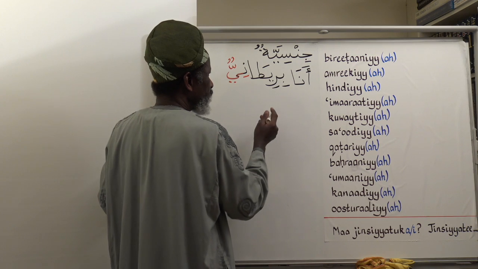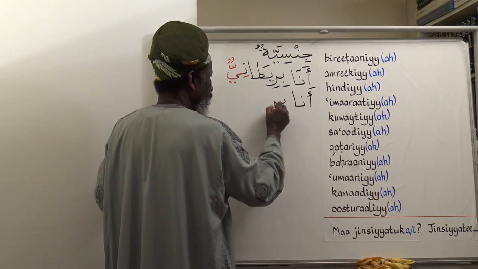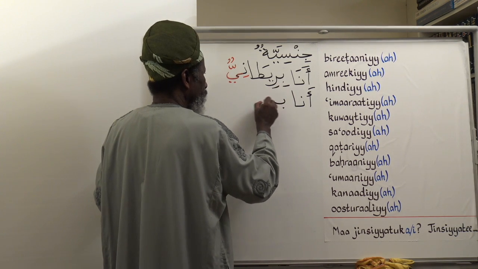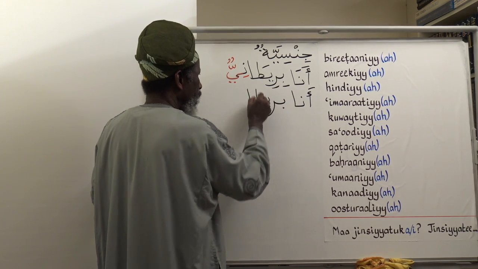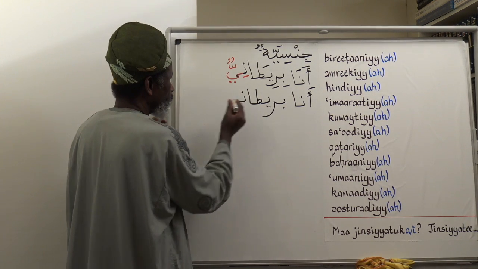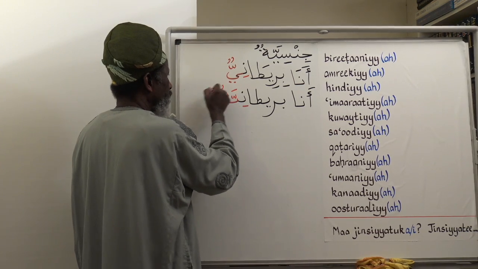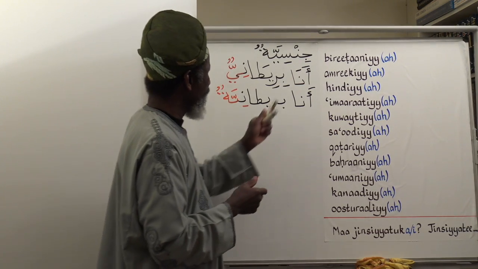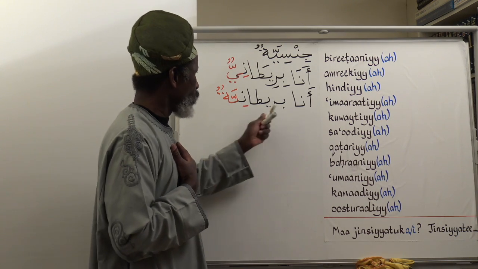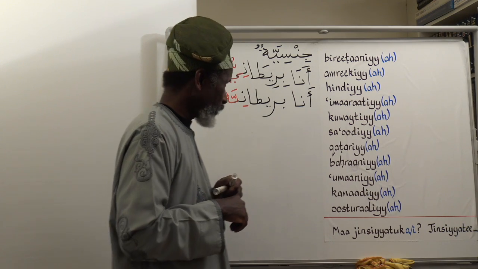A female will say Ana Britaniyatun. So Ana Britaniyun, a man speaking, I am British. A woman will say Ana Britaniyatun, I am British.